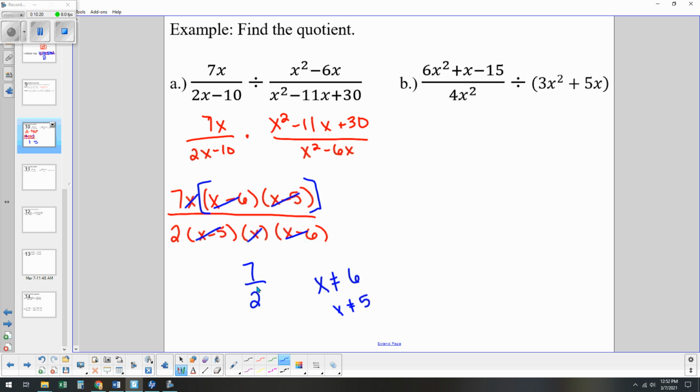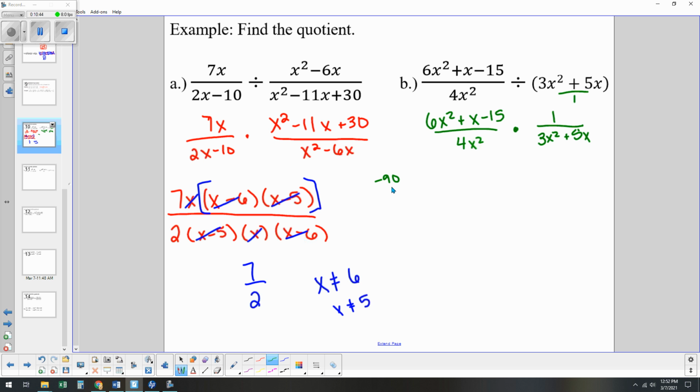All right, let's look at B. So I'm going to keep the first part the same, times, now this was really over 1, so now it's going to be 1 over 3x squared plus 5x. So factoring this part, 6 times negative 15 is negative 90.